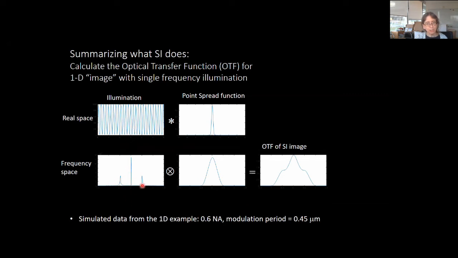And so it's just these 3 peaks, and convolving it with the Fourier transform of our point spread function. And you get an optical transfer function that looks like this. And the frequency range has been extended by a factor of 2. And we also have more support at the edge of the original frequency range of the objective as well.